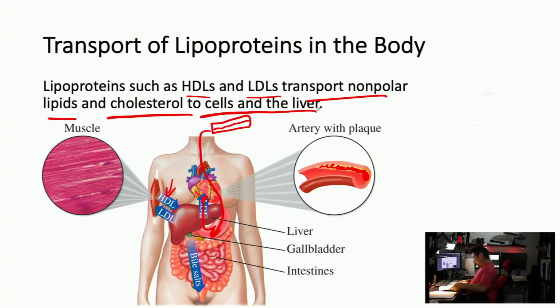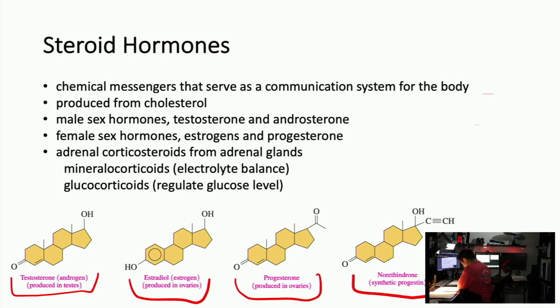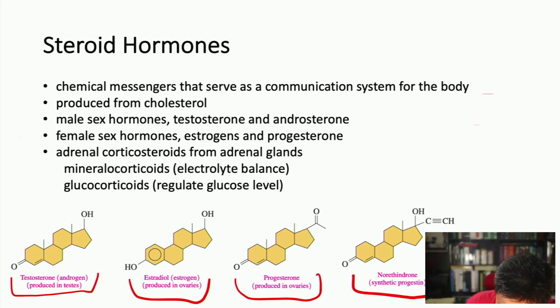So let's quickly go through some steroids, right? The first steroids we're going to go through are the hormones, the steroid hormones. We have testosterone here, estrogen here, progesterone here, and norethindrone here. And we all know that testosterone, progesterone, and estrogen, right, are sex hormones.